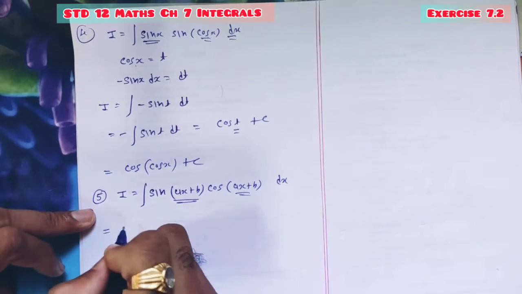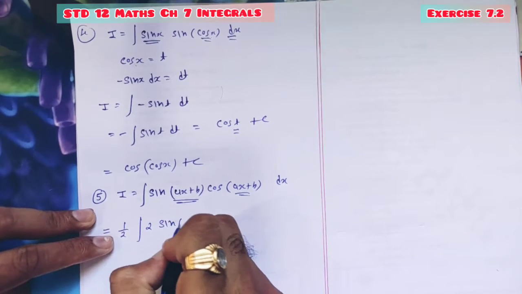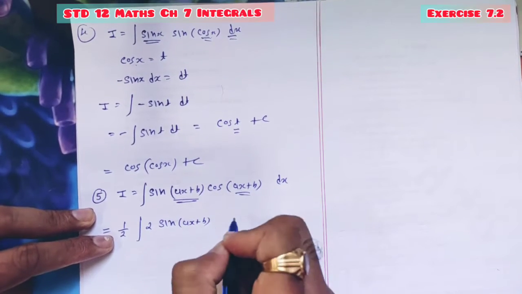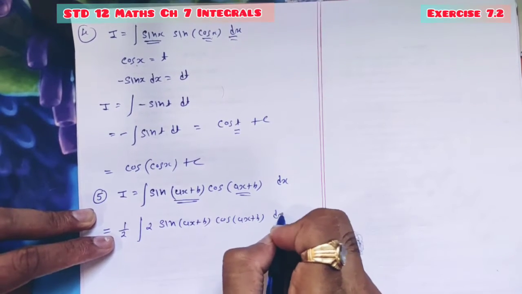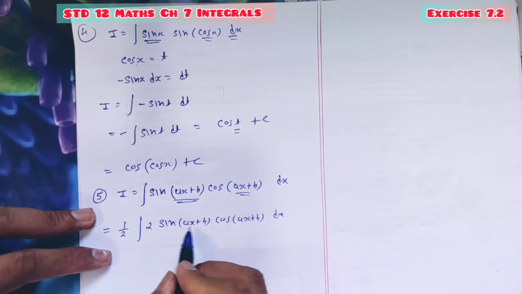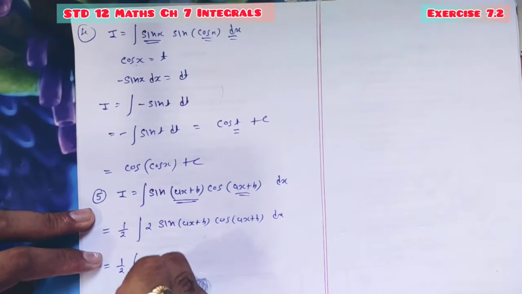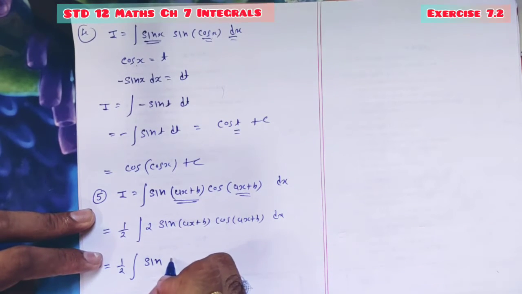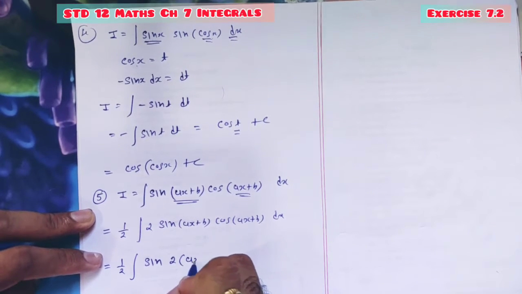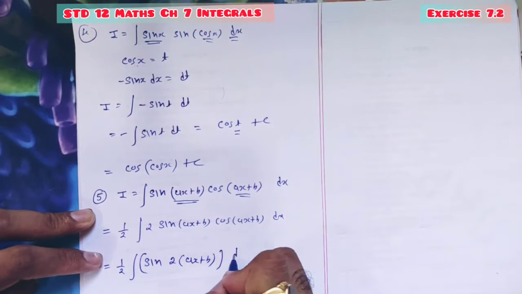So it's 1 by 2, 2 sin ax plus b cos ax plus b dx. This 2 sin x cos x will be sin 2x. It's 1 by 2 integration of sin 2 ax plus b dx.